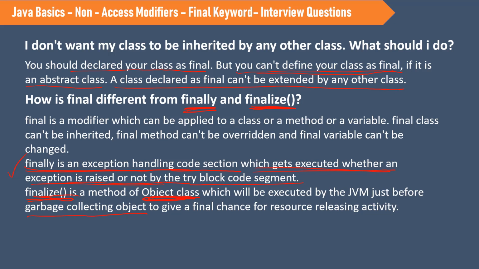When it finds any of those objects, it will delete them from the memory and it frees the memory so that the memory can be used for other purposes. And finalize is a method which will be executed by the JVM just before this garbage collection. But final is a modifier which is a non-access modifier which can be applied for a class or method or a variable. So that is the difference between final, finally and finalize.